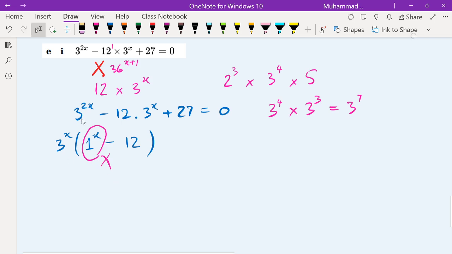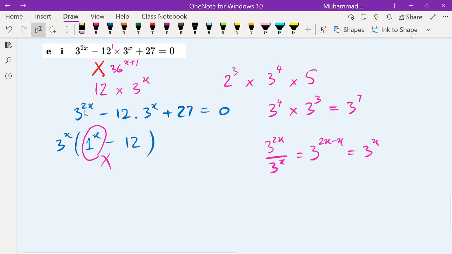So what you're actually doing here is 3 power 2x being divided by 3 power x. Can you settle these two together? Tell me what will happen. So what do you get? 2x minus x. It will be 3 to the power x. You see, if you take 3 to the power x common, you will be left with a 3 to the power x because there were two of them.